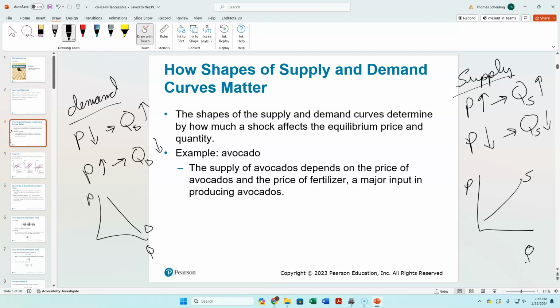Now, in this slide, what we're talking about here is how is the supply of avocados. It obviously depends on the price of avocados, but how closely does it follow that? I do have an avocado tree and I don't harvest it or anything, so I'm not one to really know much about them.